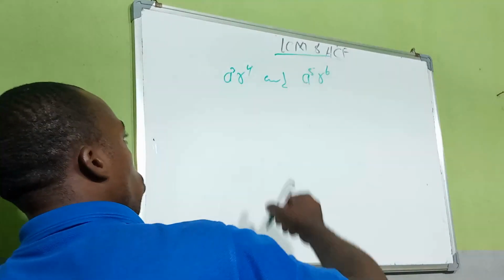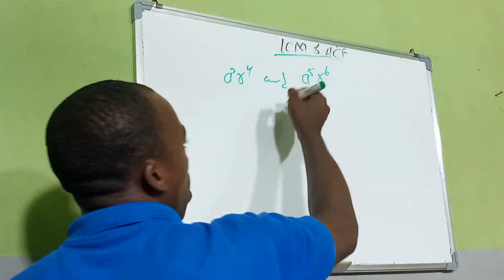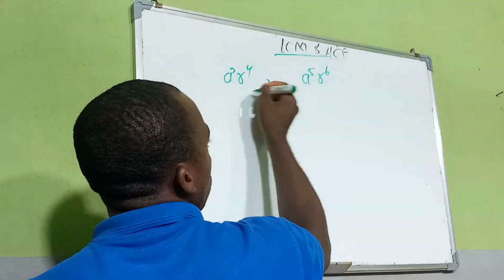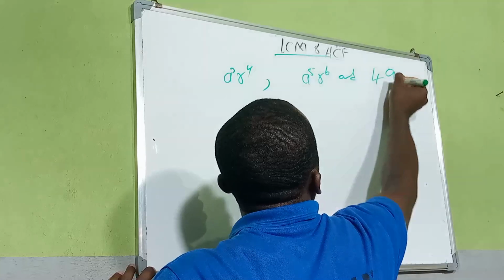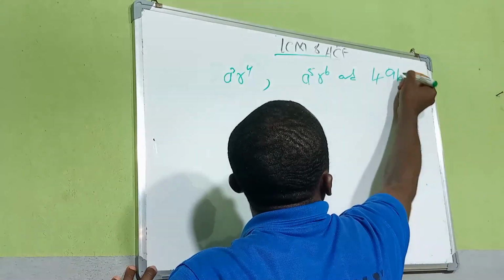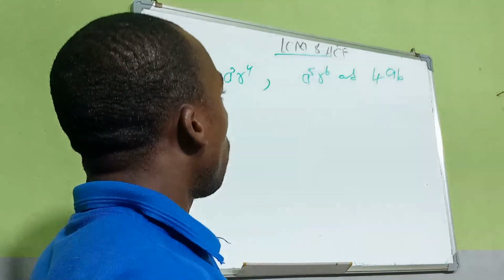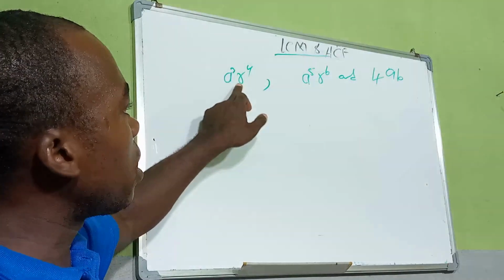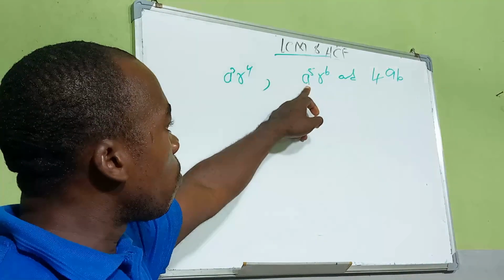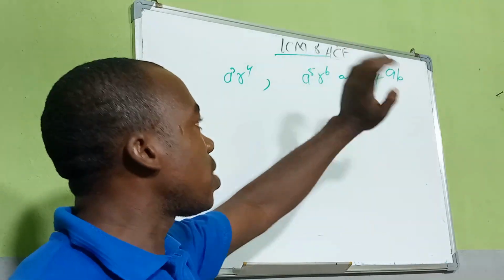Let me add another one: 4AB. Let me say we are asked to find something like this. They say find the LCM of A raised power 3, B raised power 4, A raised power 5, B raised power 6, and 4AB, and so on and so forth.